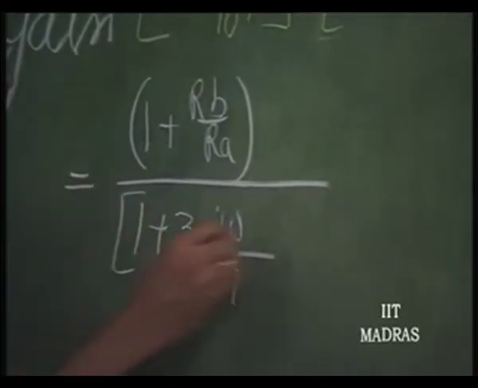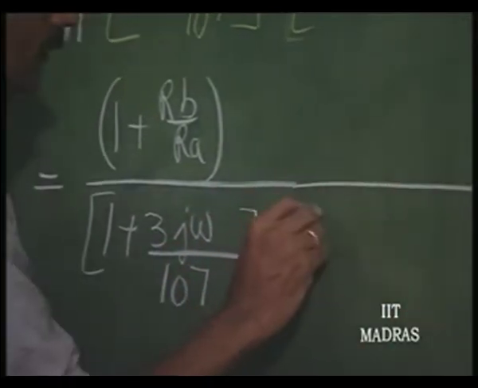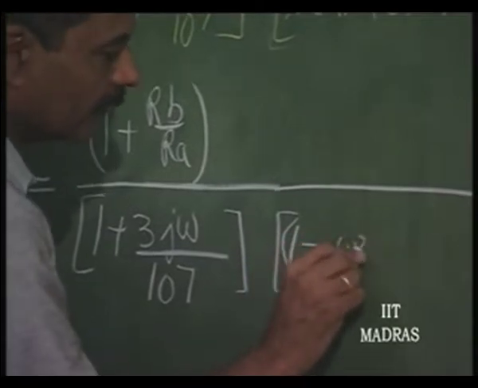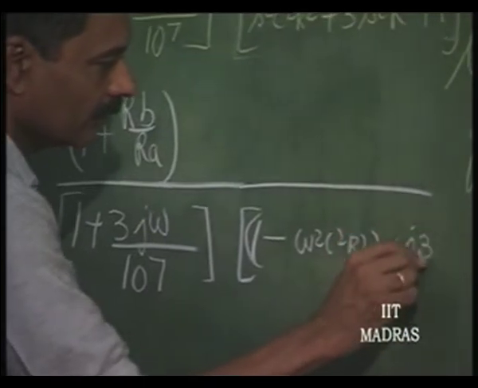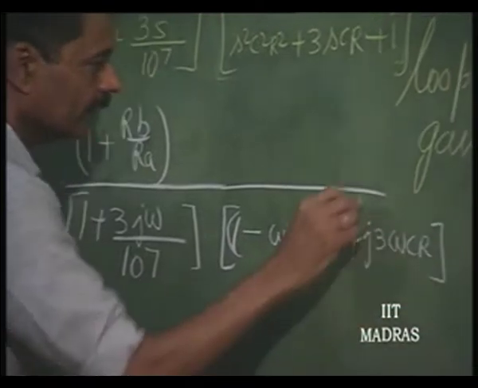Put s equal to j omega, and this is 1 minus omega squared C squared R squared plus 3 omega CR j.